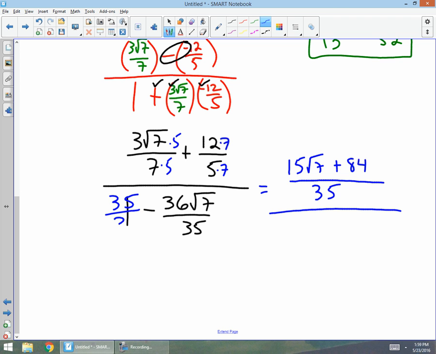This is 35 over 35, our fancy version of 1. And it's going to get just a little better here. All over 35.